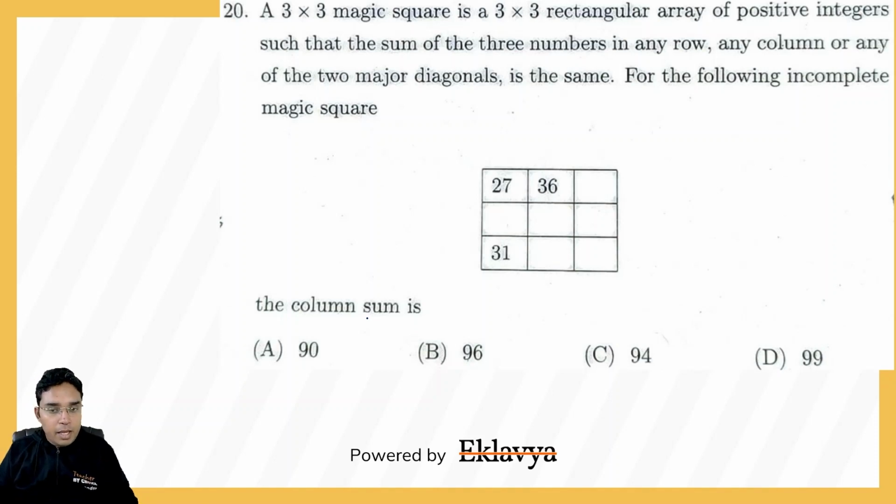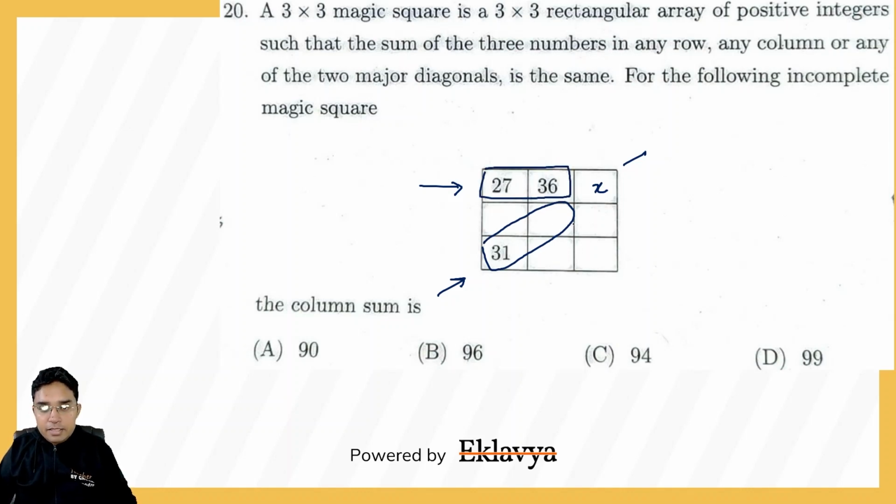Now what approach am I going to use here? You may make some equations, that is all fine, but we can also do it without that. Please see, suppose there is some number, let us say x here. If we go along this row and this column, the sum will be the same, and because x is common to these two, the sum of these two and these two has to be the same.